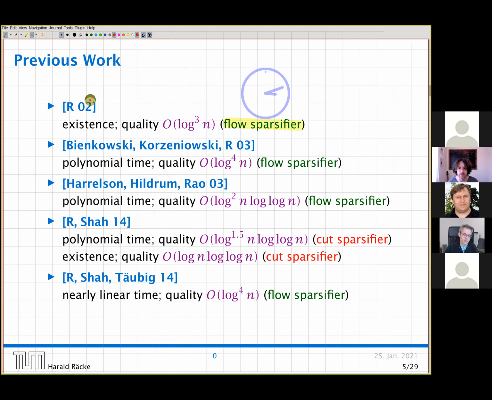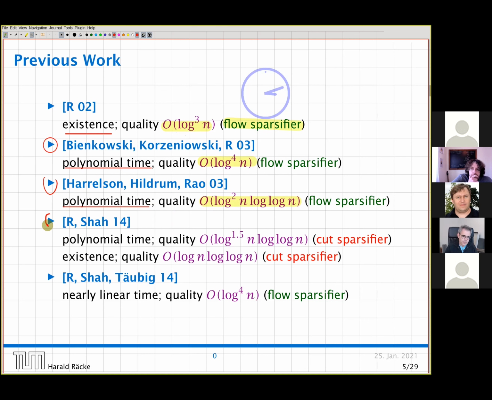Here, the first paper showed the existence of such a structure, such a tree cut sparsifier, and it gave a quality of log cubed n. Subsequently, in these papers, this has been made, not really efficient, but polynomial time constructions were given. The first paper gave a weaker approximation guarantee, and then this paper even improved the approximation guarantee from the log cubed n.